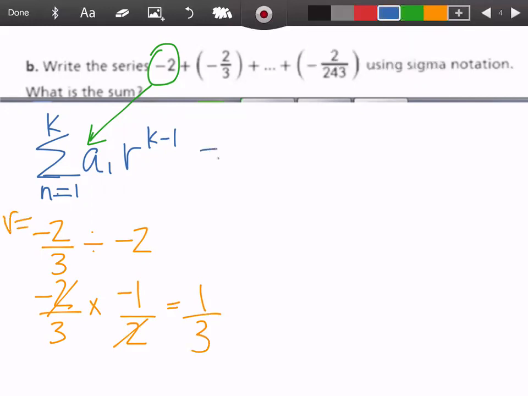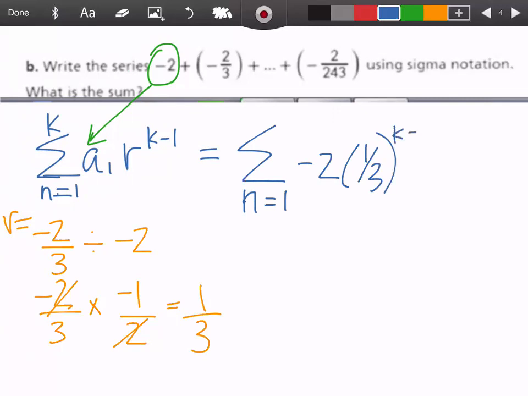So now we have the sum of n equals 1. We don't know what k is yet. We don't know what that last term is, but we do know the first part is -2 times 1/3 raised to k minus 1.